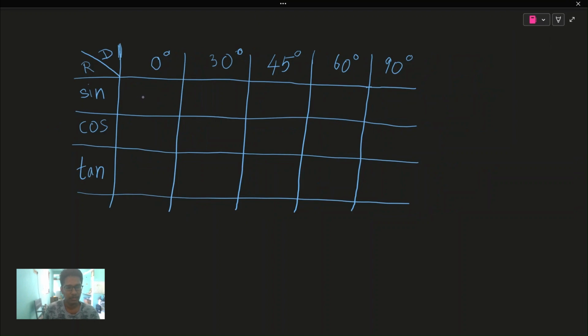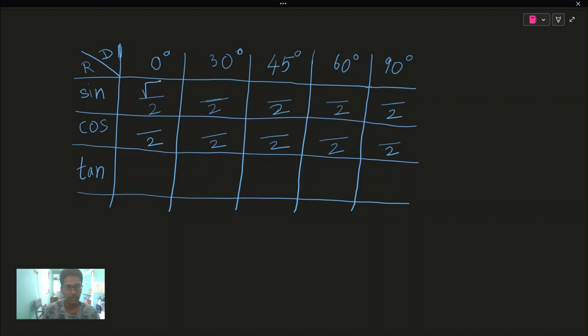First step is to put denominator as 2 in both sine and cos. Yes, we filled the rows with denominator as 2, and now let me tell you the trick.